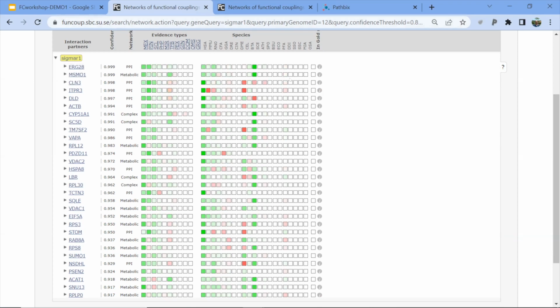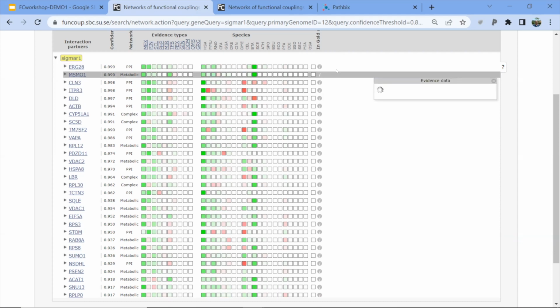Then right next to it, we have the species matrix, which shows which species orthology transfer of the evidence has been derived from. As we might expect, a lot of them are derived from Homo sapiens, or human. But we can also find some S. cerevisiae evidence transfer here with these green boxes.